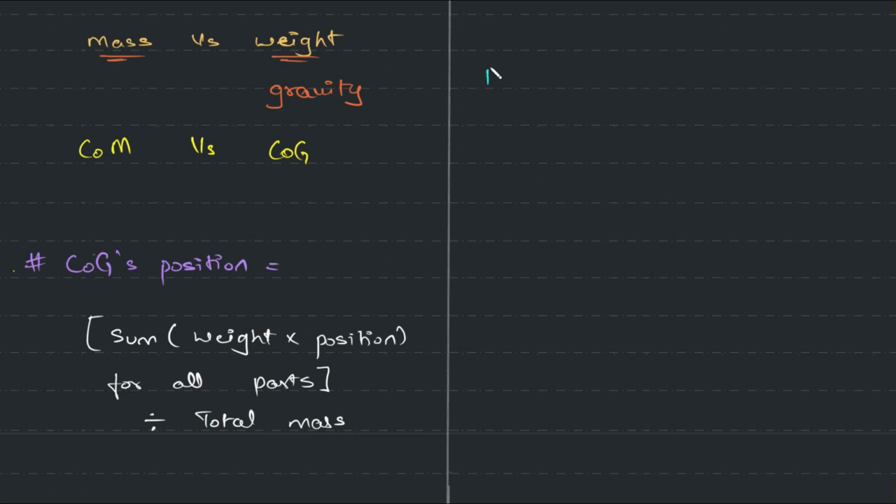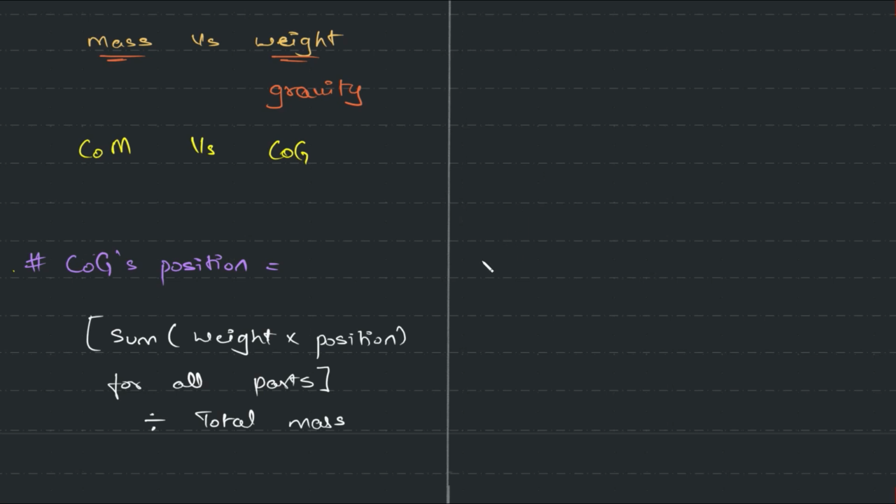So technically, we have center of gravity, which is equal to the sum from i equals 1 to n of w_i r_i, divided by total weight. Okay, so this is your mathematical presentation. Maybe this is too much for now.